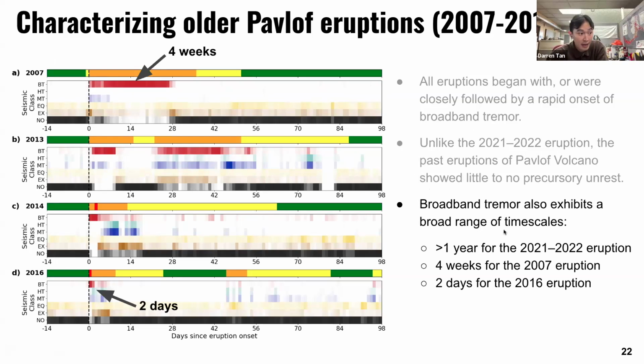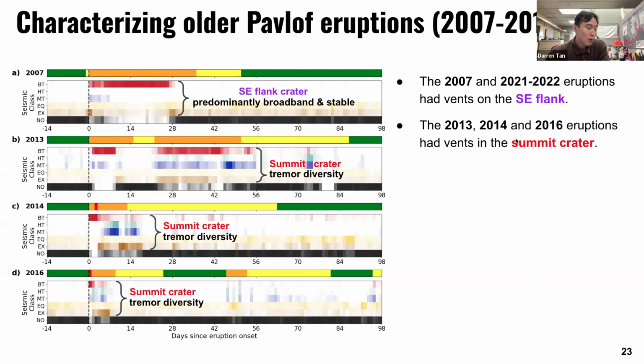Broadband tremor was over a year for the 2021 eruption, 4 weeks for 2007, but only a few days for 2016, which goes to show the eruption diversity that Pavlof has. But what perhaps is the most interesting for us, at least, is that the 2007 eruption, which lasted 4 weeks or so, came from the southeast flank crater, and so did the 2021 eruption that lasted 1.5 years.